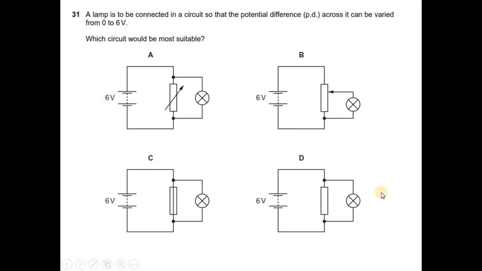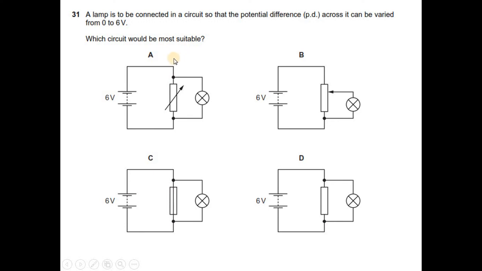31. A lamp is to be connected in a circuit so that the potential difference across it can be varied from 0 to 6 volt. Which circuit would be most suitable? It's all about the circuit of a potential divider or a rheostat.